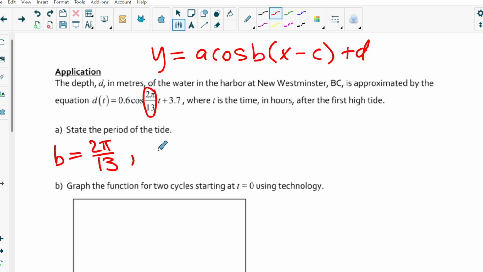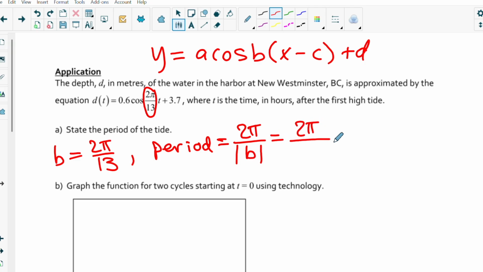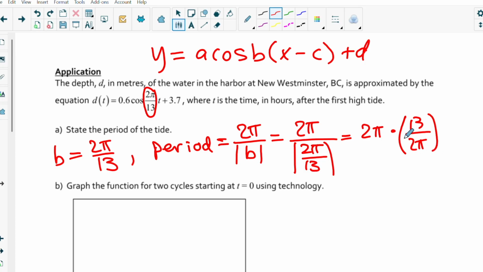The period equals 2 pi over the absolute value of b, and that equals 2 pi over the absolute value of 2 pi over 13, and that equals 2 pi times 13 over 2 pi, and so the period is 13 hours. Okay.